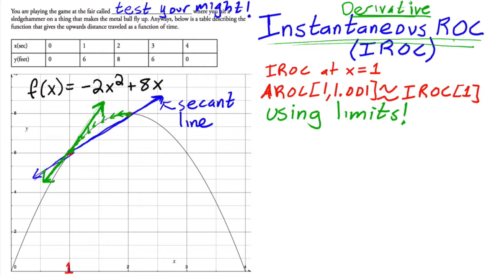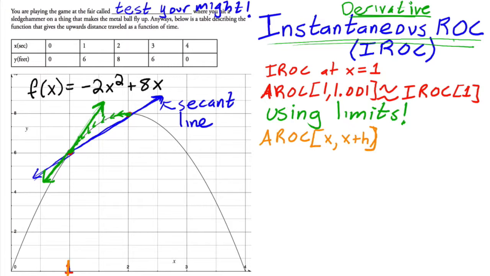Okay, so let's write down a formula for the average rate of change, and I'm going to write it in a specific way, between x and x plus h. I'm going to draw this graphically here.